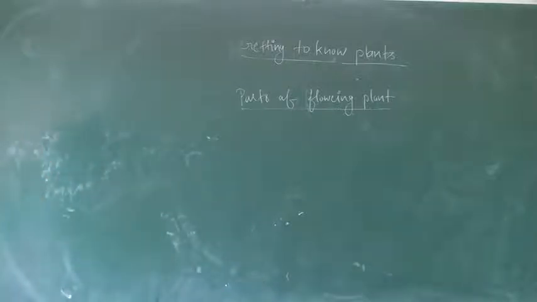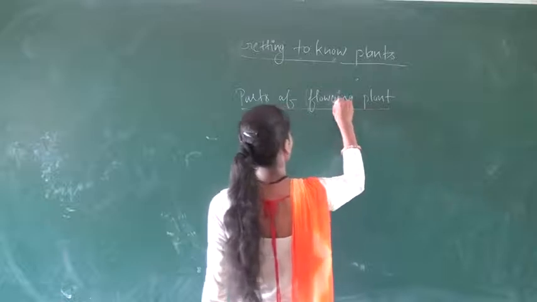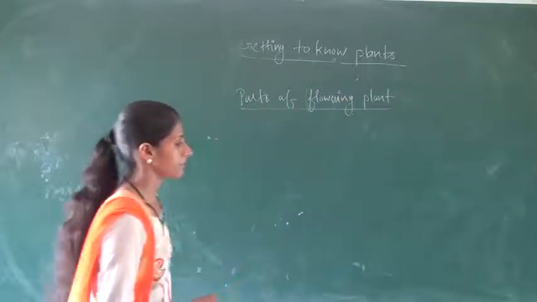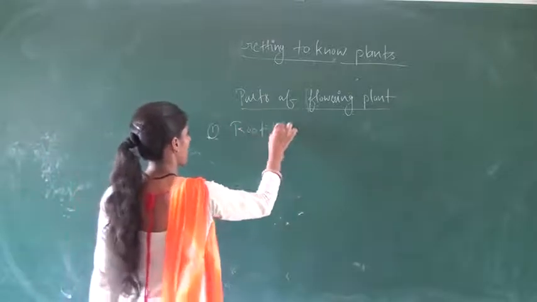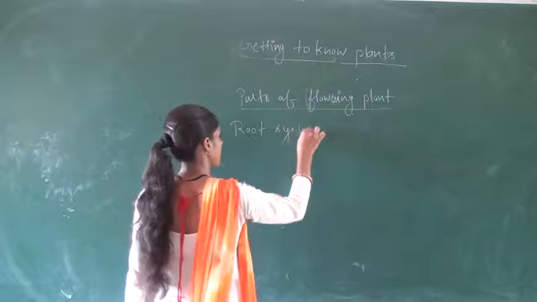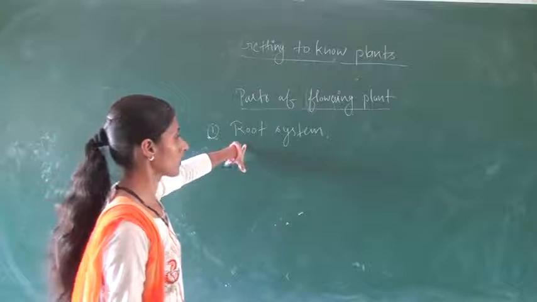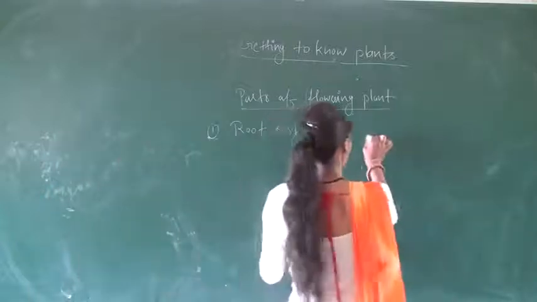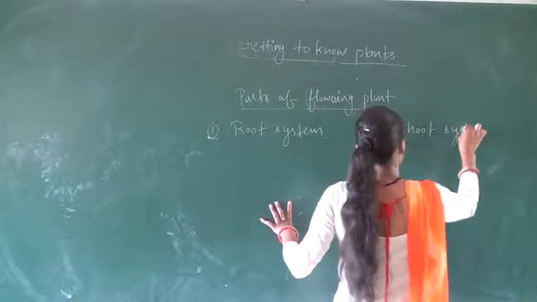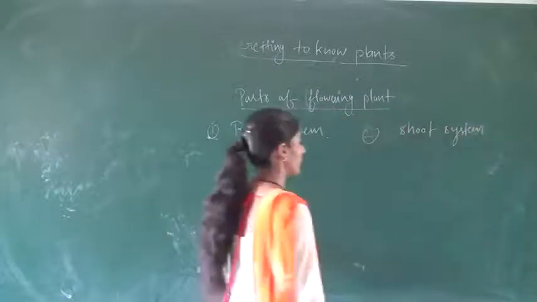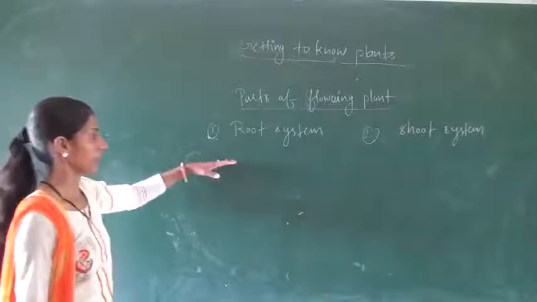Here first we will discuss the root system. Mainly there are two parts of the flowering plants, that is the root system and the shoot system.